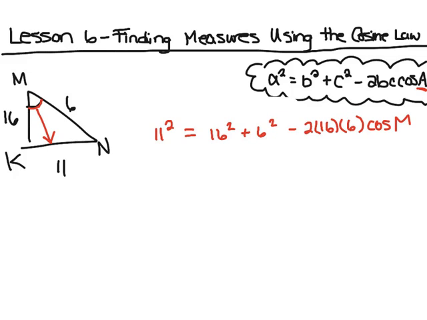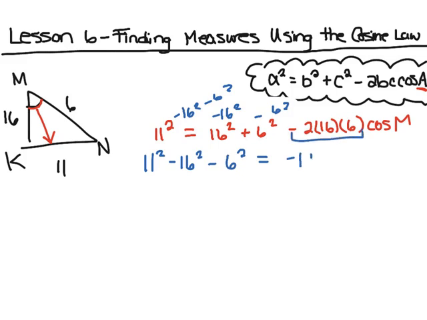Now we're going to simplify and rearrange. So minus 16 squared from both sides. So we should have 11 squared minus 16 squared, and we can minus 6 squared from both sides as well. So minus 6 squared is equal to negative 2 times 16 times 6, which is 192, cos of M. Now we're going to isolate.